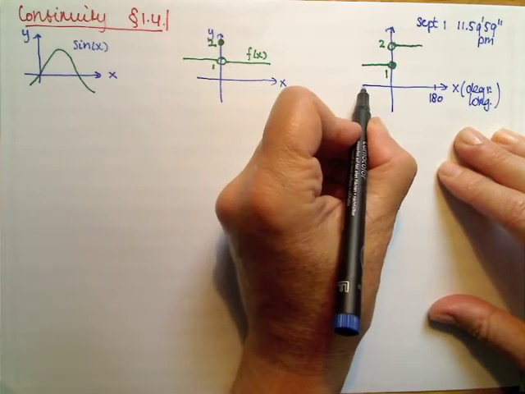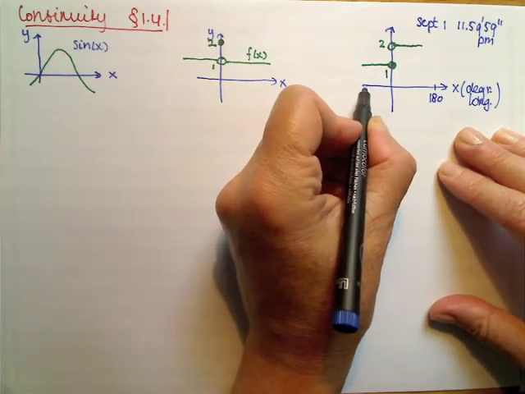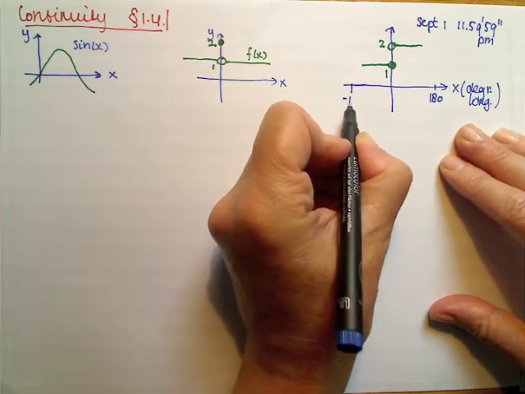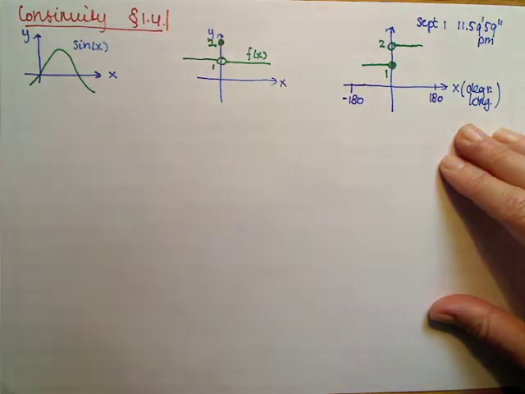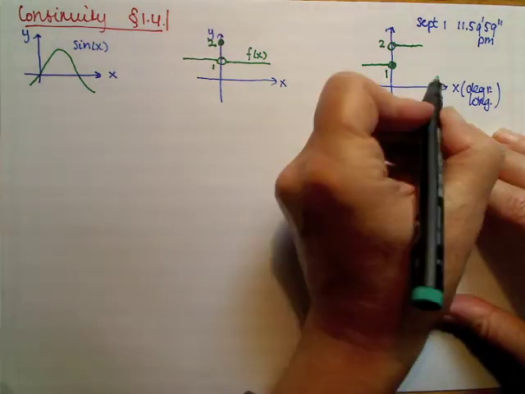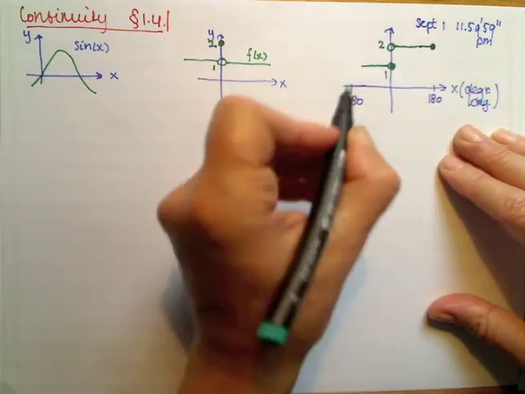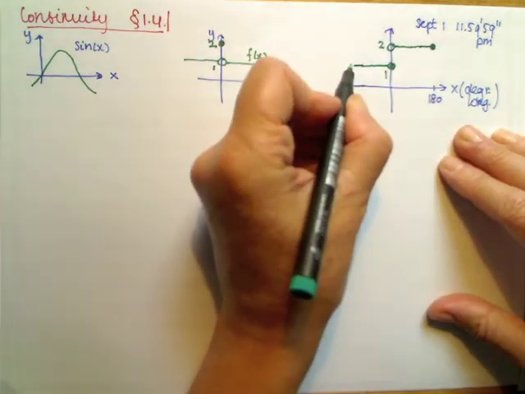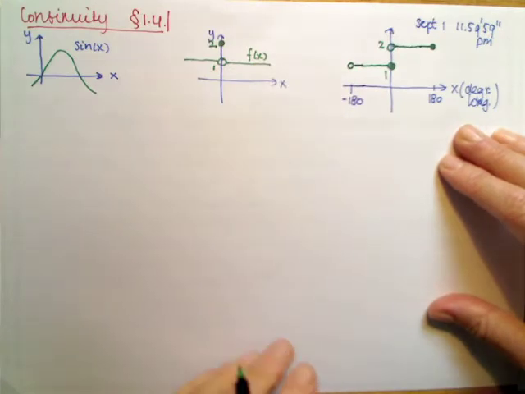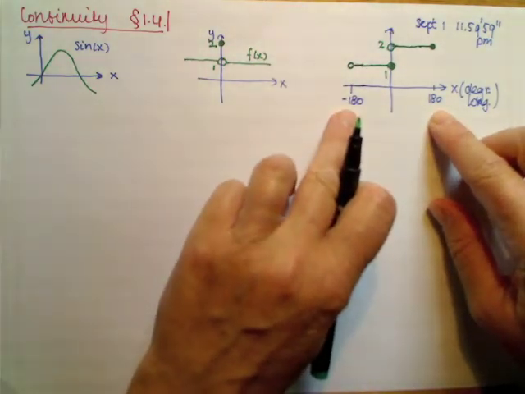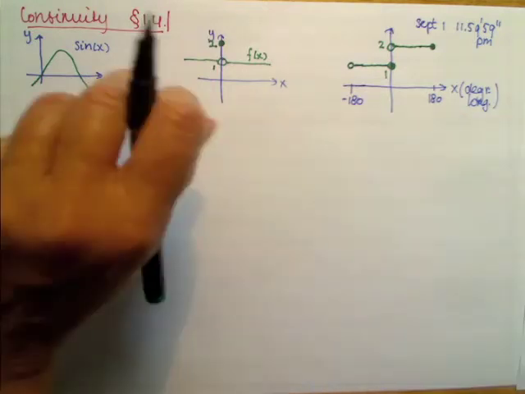And the maximum we can go to the left is 180 degrees longitude to the west. So we depict this as minus 180 degrees. Now let's assume that at 180 degrees eastwards we are at September 2, and westwards we are at September 1, but of course they are in fact the same positions on the globe.